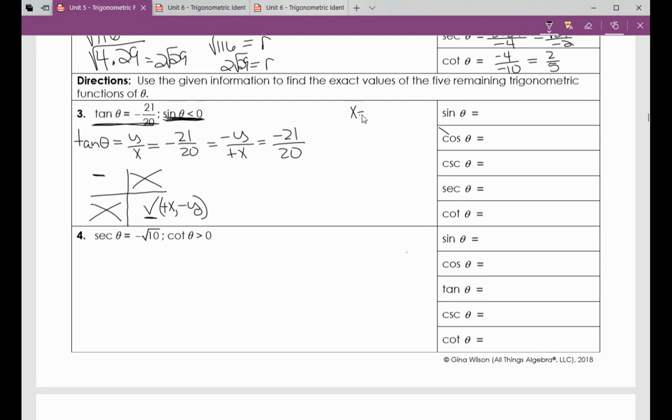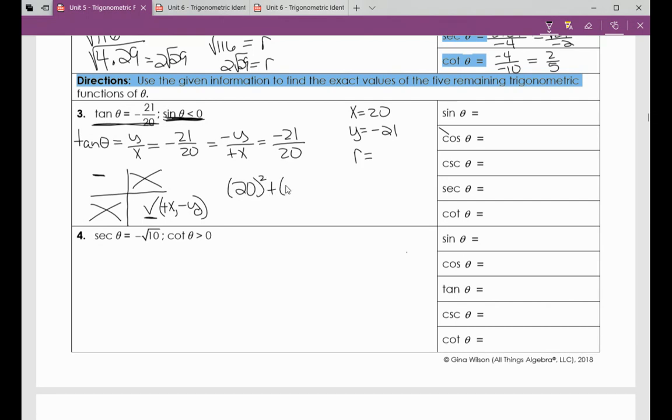So that tells me x is 20, y is negative 21, and I need to find the radius in order to answer the rest of these questions. Do I need to go back over that for anybody? All right, so I need to do 20 squared plus 21 squared, and that's going to give me r squared. Negative 21, I apologize.